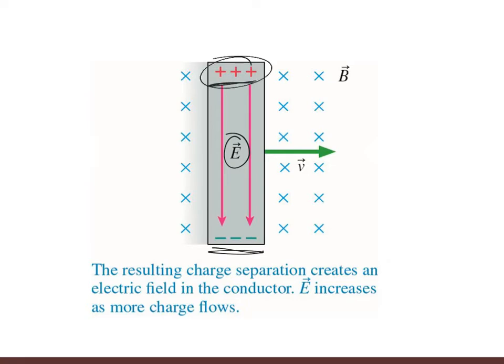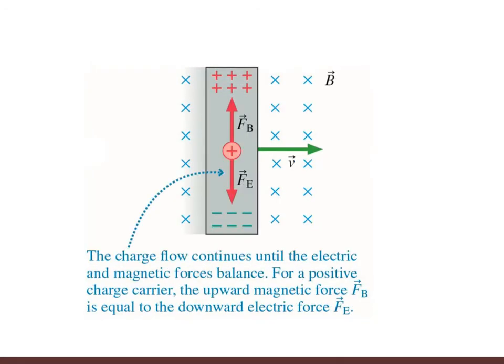But this charge separation here generates the field, which is going to create a potential difference across the ends of the conductor. And this is going to continue to happen until there is an equilibrium, which means the forces are going to be balanced.